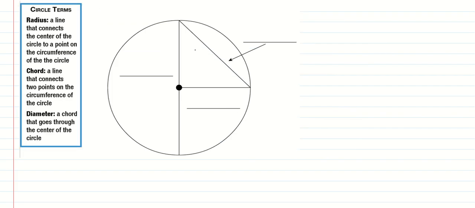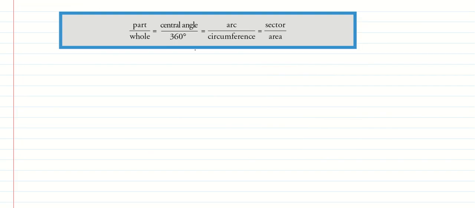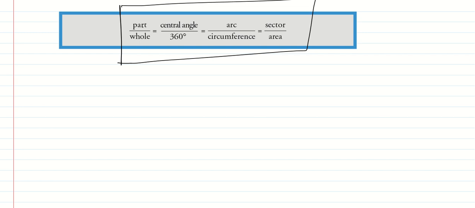Okay, let's try. This is the formula. What should you keep in mind, right? Make a note quickly. So part by whole, which means central angle by 360 equals arc by circumference equals sector by area, all directly proportional. The moment the angle increases, right?